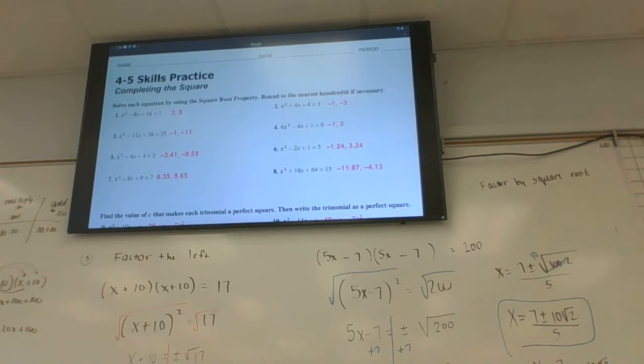In geometry, did you guys do decimals or simplest radical form? Raise your hand if you did simplest radical form in geometry. Raise your hand if you did decimals.